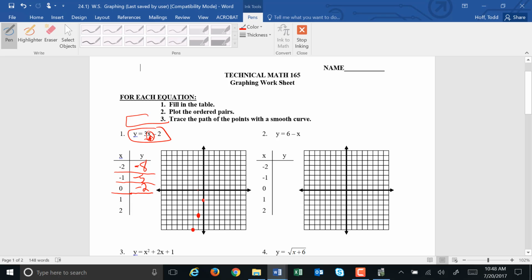So 0, negative 2 is a point. Well, we're starting to suspect right now that this might be a line. If x is 1, what's 3 times 1? 3 minus 2, 1. So 1, 1 right there. And yes, this sure does look like it's going to be a line. And it is. Like that.